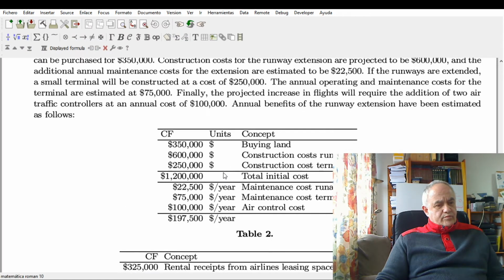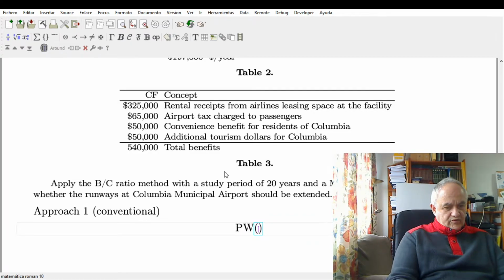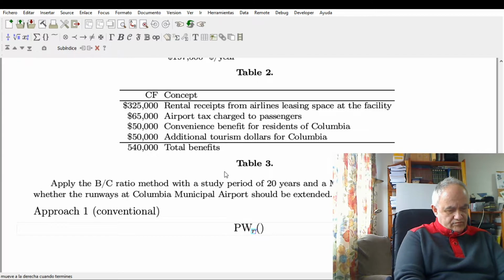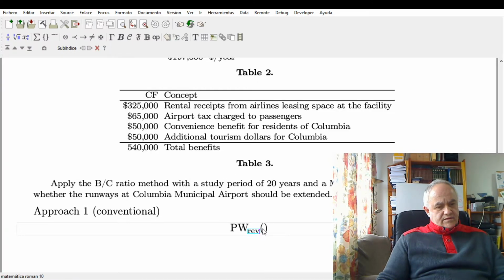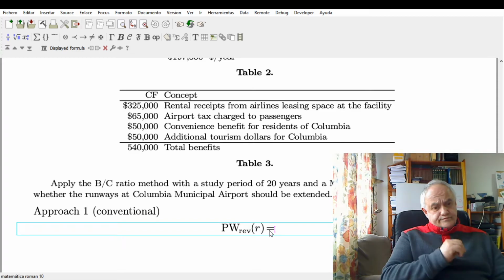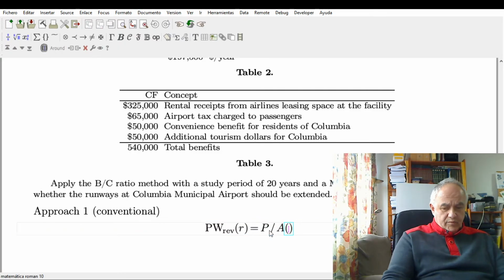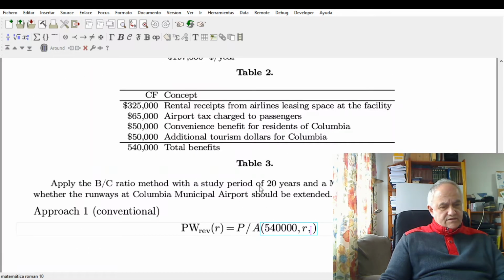We'll say that present worth of benefits, revenues, is obtained as a function of R, obviously, will be present value of an annuity for a given rate of discount during 20 years, as described here.